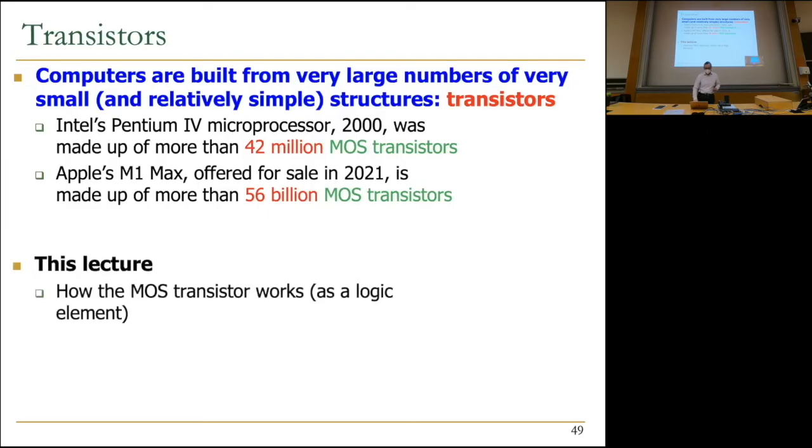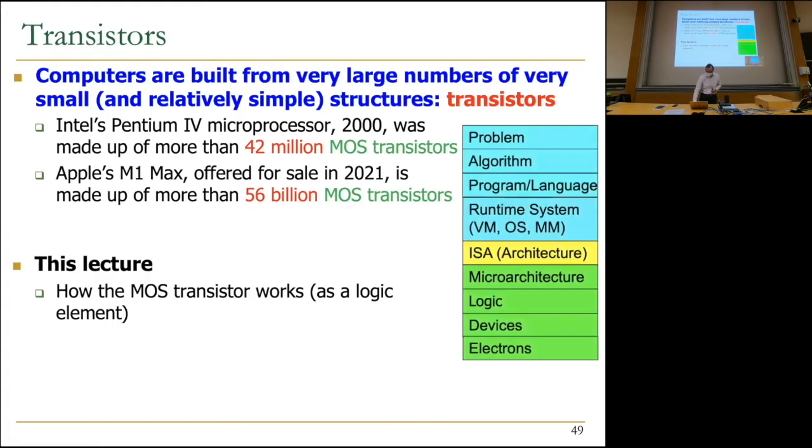In this lecture, we will learn about how the MOS transistor works as a logic element. I'm not going to go into the voltage and current equations that really make a transistor work. We're not going to go into the device level. We're going to set an abstraction level saying that this is our abstraction level. If you really want to know about how a MOS transistor works, you have to take a microelectronics design class. If we talk about microelectronics design in this lecture, then it's going to be a full 2-semester long lecture.